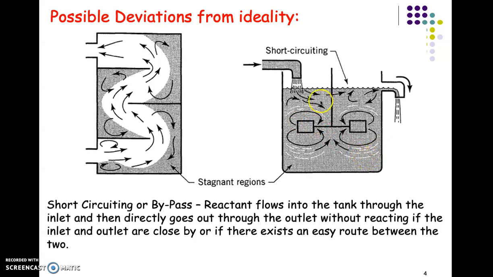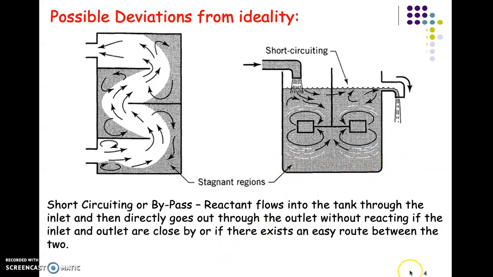Similar goes to this kind of reactor, which is a CSTR, a continuous stirred reactor. You see, the stirring cannot reach everywhere. The stagnant region is normally near the wall of the reactor.